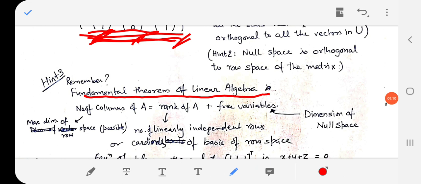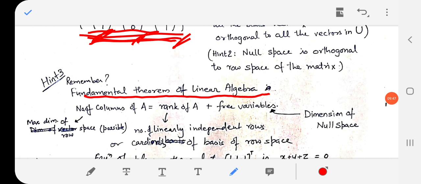So every vector can be written in two parts. The row space part can be generated out of the linear combination of the rows of the matrix, and the rest of the vector can be written with the help of the basis vectors of the null space.